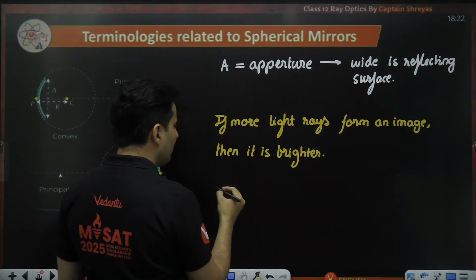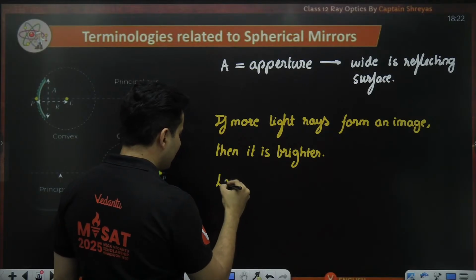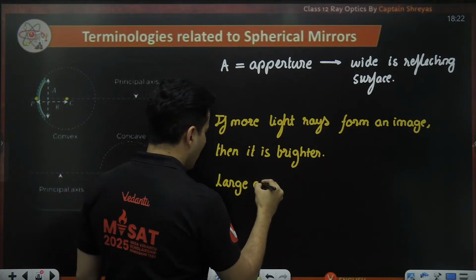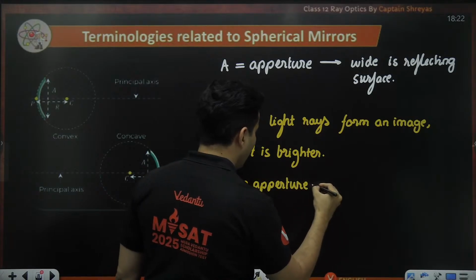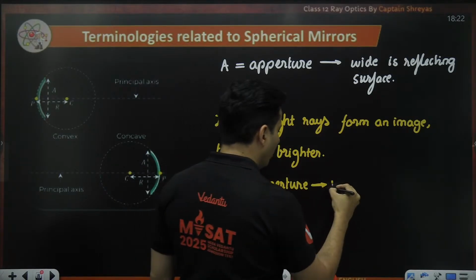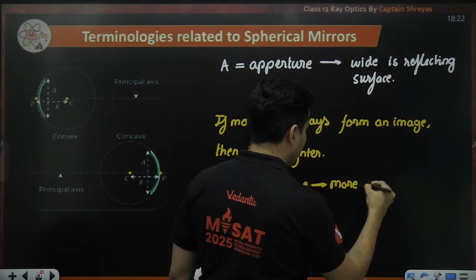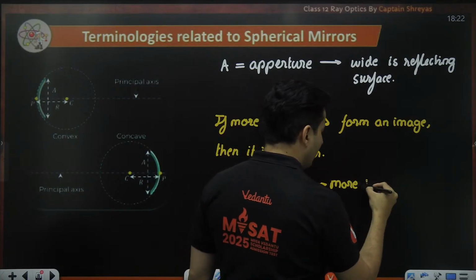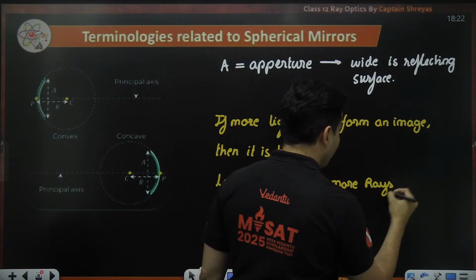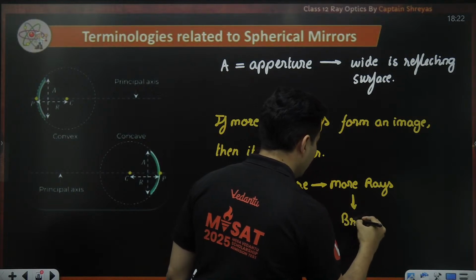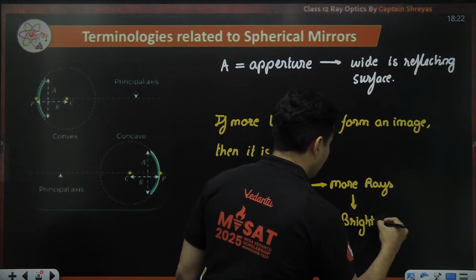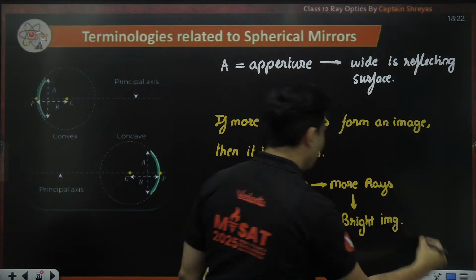If you have a large aperture, it directly leads to a larger number of rays, which further leads to a brighter and clearer image.